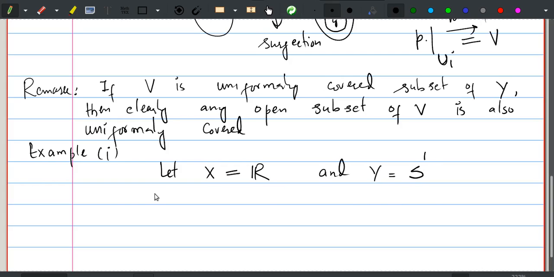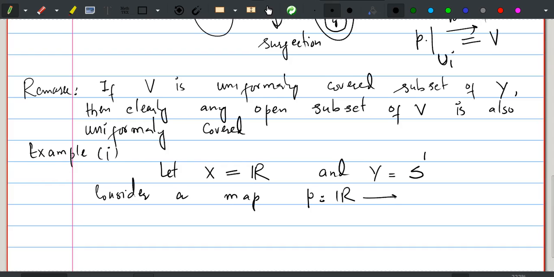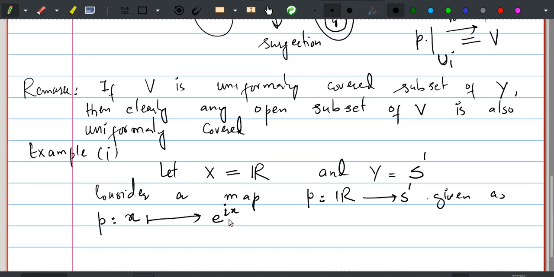Now consider the map P from R to S1 given as: P takes this x to e to the power ix.